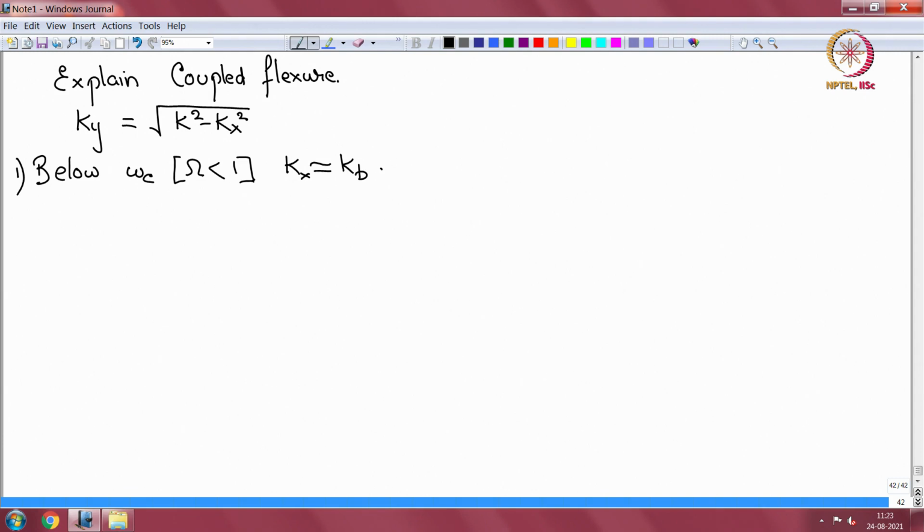Therefore ky also will have square root of k square minus kb square. Because kx is close to kb, the relationship between k and kb also holds.